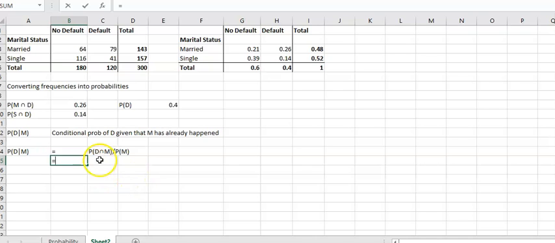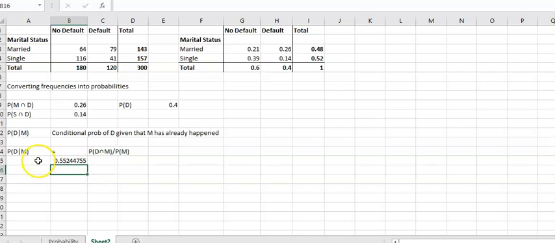Notice that the probability of intersection of D and M is going to be the same as the probability of intersection of M and D. So that number is given by this here, 0.26, and we're going to divide that by the probability of M, which is given by this total over here.